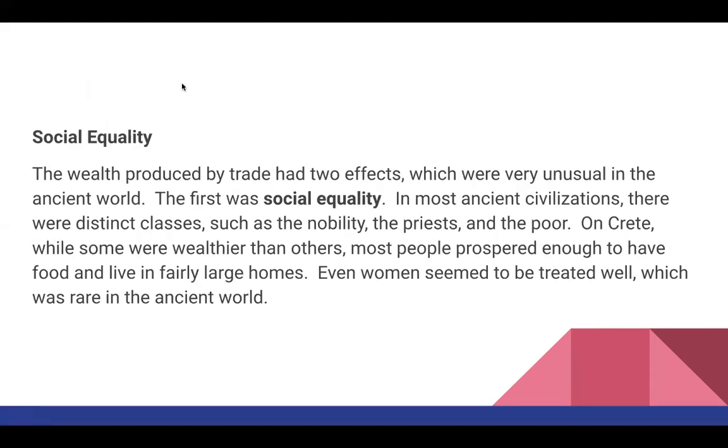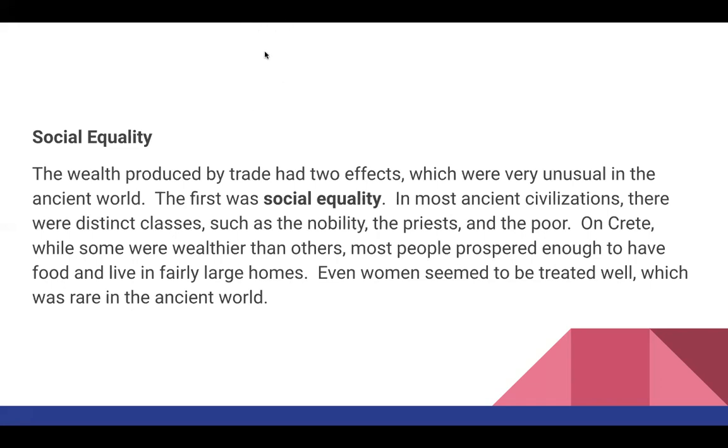Social equality. The wealth produced by trade had two effects, which were very unusual in the ancient world. The first was social equality. In most ancient civilizations, there were distinct classes such as the nobility, the priests, and the poor.